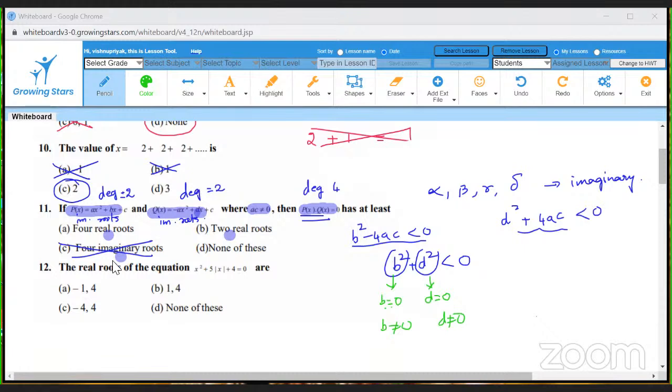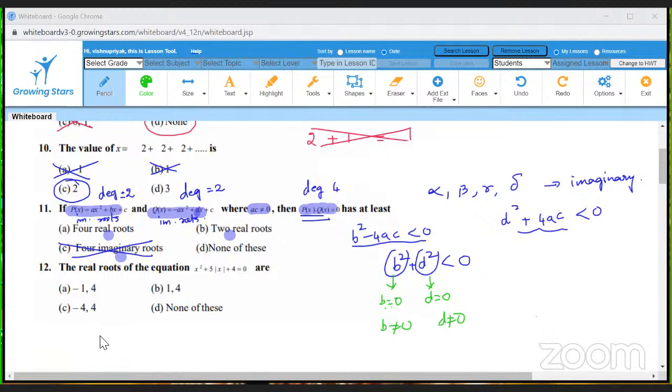In the equation, B is not 0, D is not 0. So P of X will have 2 real roots. Q of X will have 2 real roots. Again, we are in confusion. What happens if B and D are both 0?